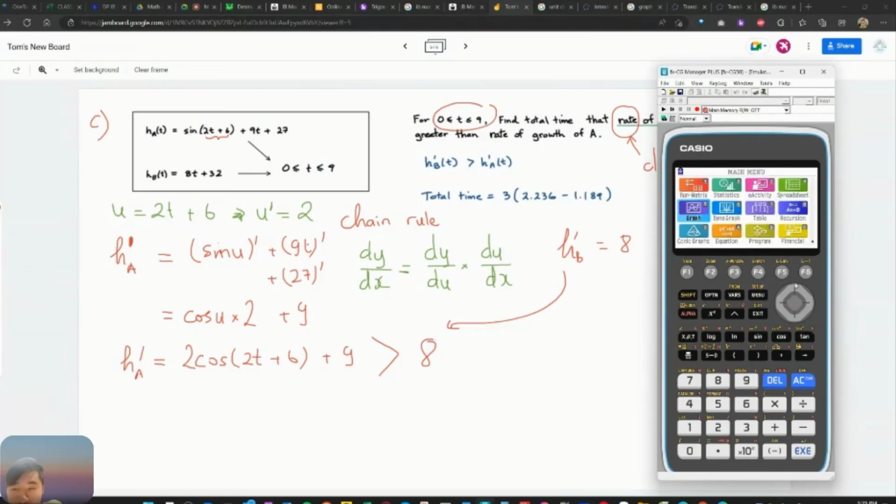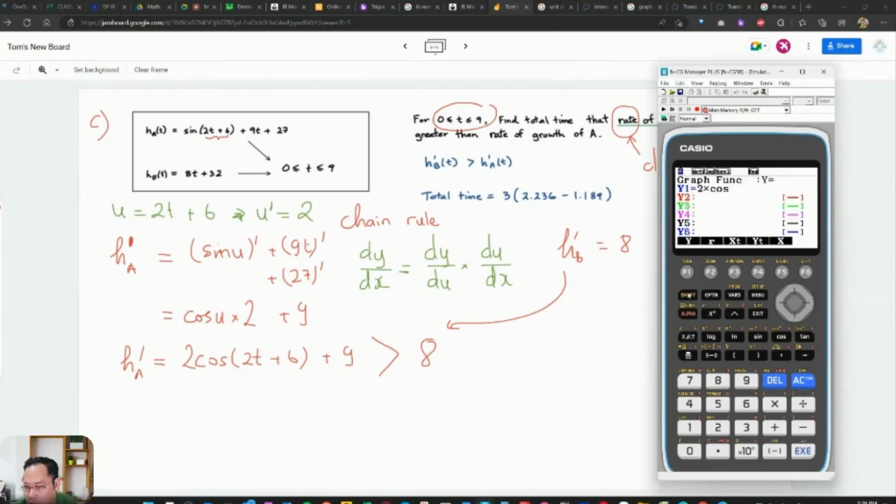Shift menu. You have to go to graph first. Right, shift menu. Setup. Shift setup. It cannot change like in here. You have to press shift again, and then you press menu. Okay, input. Yep.